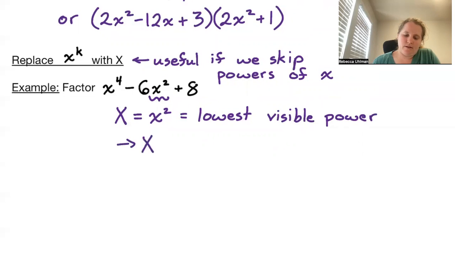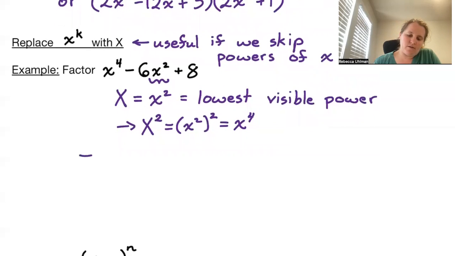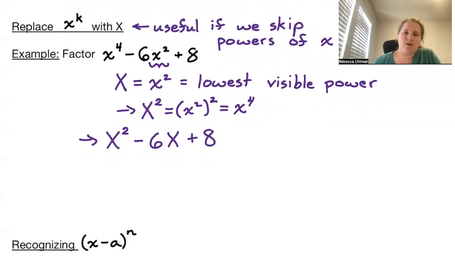Then capital X squared is just x squared squared, which is x to the fourth. And so we have capital X squared minus 6 times capital X plus 8, which we can then factor as capital X minus 2 times capital X minus 4.